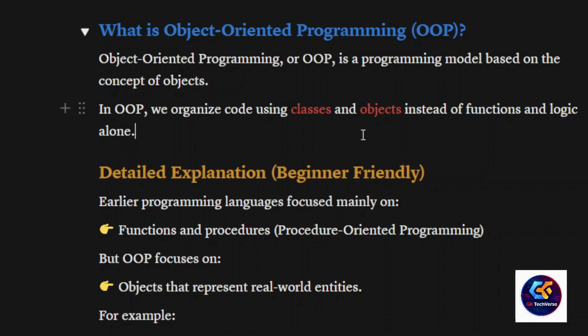What is object-oriented programming? We can call it OOPs for short. Object-oriented programming is a programming model based on the concept of objects. In OOP, we organize code using classes and objects instead of functions and logic alone.